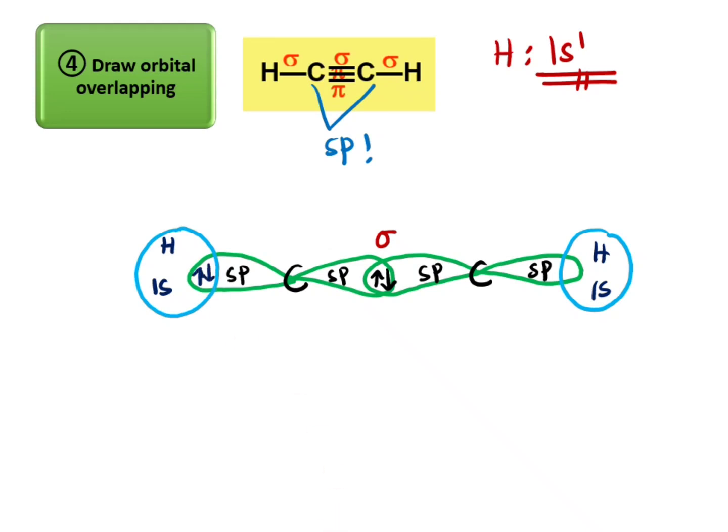Kena buat arrow kat dalam ni. Okay, so here kita dah dapat sigma bond between carbon and hydrogen. So untuk sigma bond dah siap kelas. Nampak tak? Dah siap.